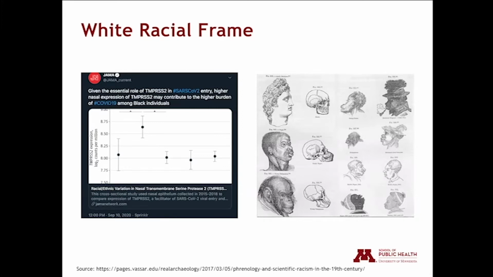That is rather than acknowledging, in the case of COVID-19 and what we have learned, that certain social systems disproportionately expose people to COVID-19, such as occupational hazards or people's ability to work from home, which we saw really contributing to exposure early in the pandemic. Instead of focusing on those things that we can change through policy, we fall back on these very old and very, very lazy ideas that these are inherent biological differences.